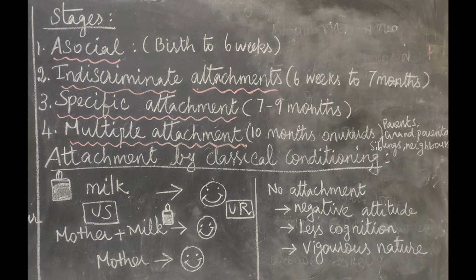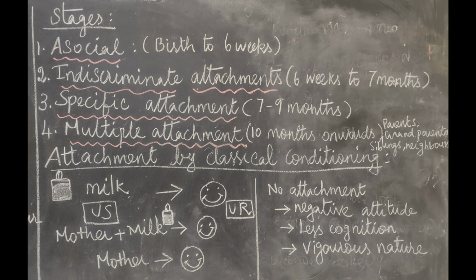And in the 4th stage, multiple attachment, that is from 10 months onwards, the child is attached with many others: parents, grandparents, siblings and also the neighborhood. So thus there are 4 stages of attachment: asocial, indiscriminate attachment, specific attachment, and multiple attachment stages. This attachment can be very clearly explained through the different behaviors of the child in different attachment stages.